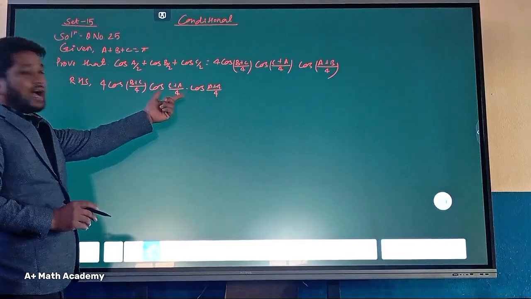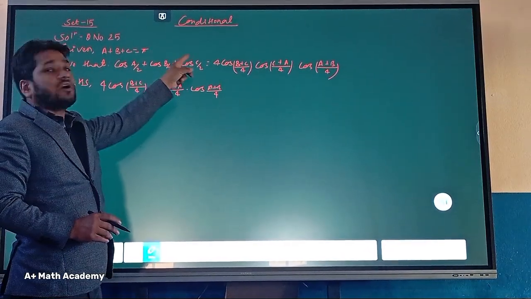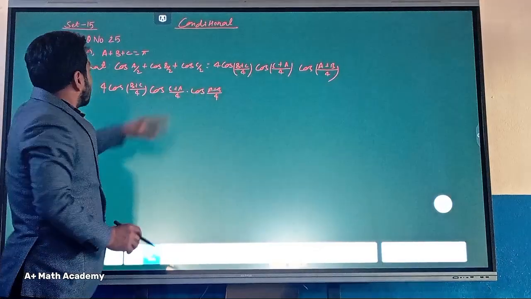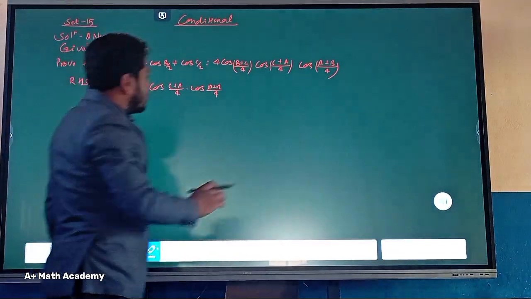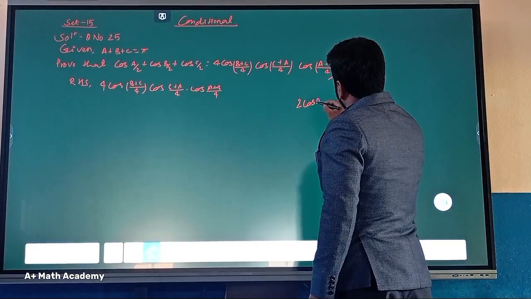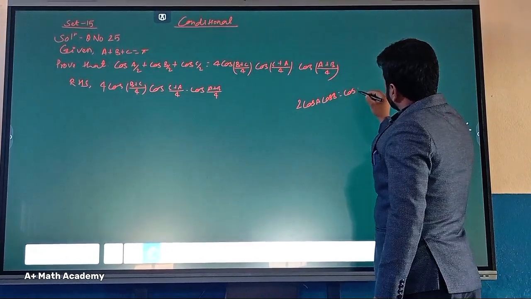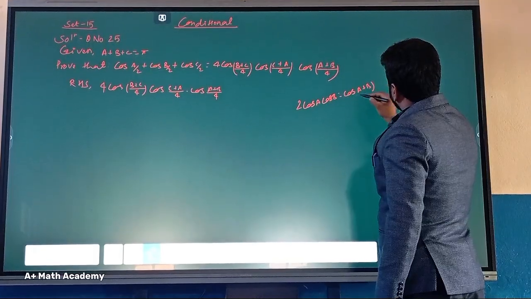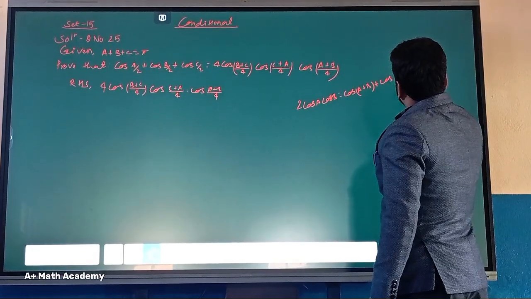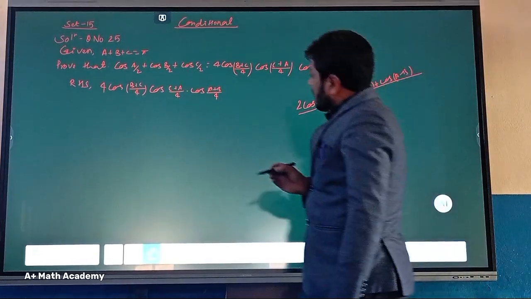This equals, we have to prove, cos A by 2 plus cos B by 2 plus cos C by 2. Okay, so what can we do? We know one formula: 2 cos A cos B equals cos (A plus B) plus cos (A minus B). We can use this formula here.